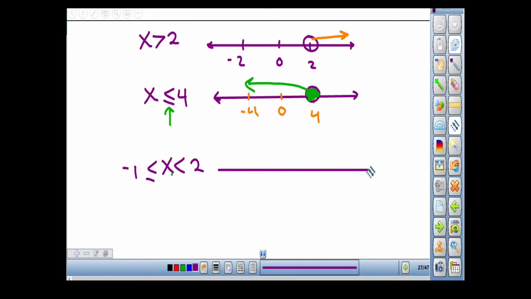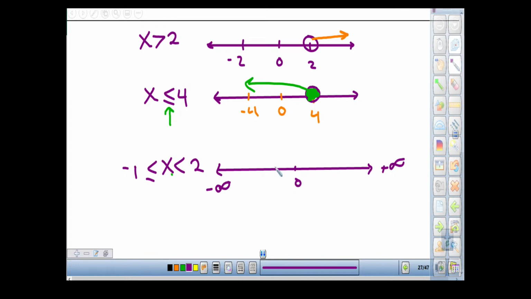So I'm here, and I am on the number line. Again, the number line extends to negative infinity, positive infinity. Okay, and I come to 0, and I've got -1, and here is 2.